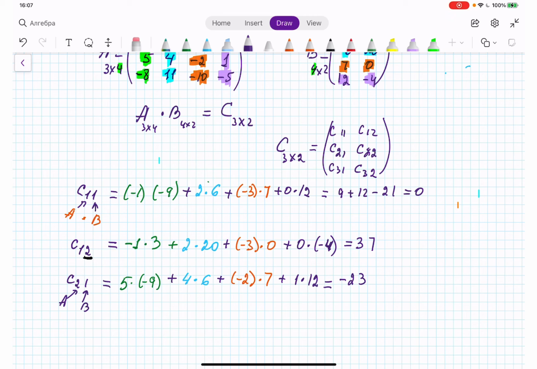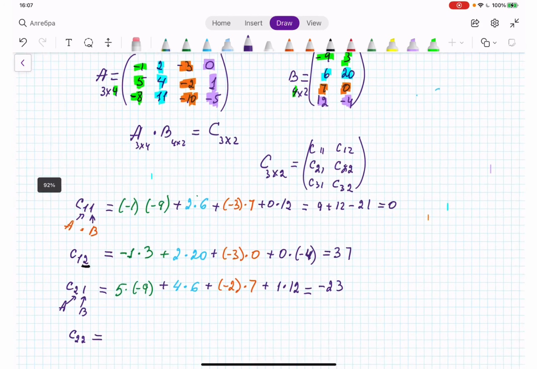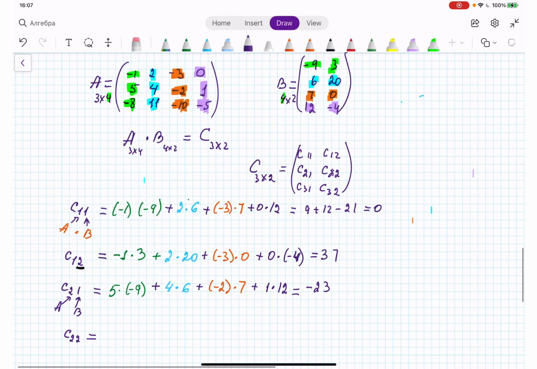Now I need to fill out C22, right? We already understand how we are doing this. So second row from A multiplied by second column from B. I'm going to make it smaller so we can see the elements.